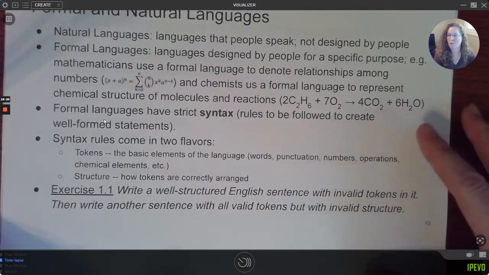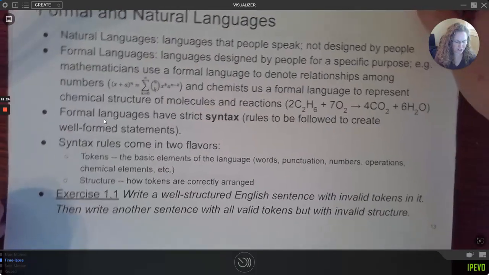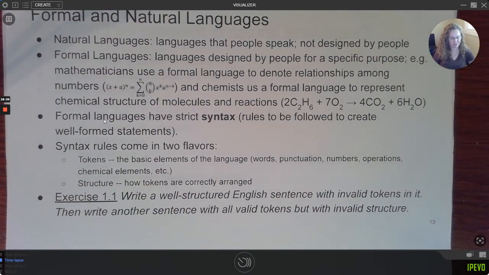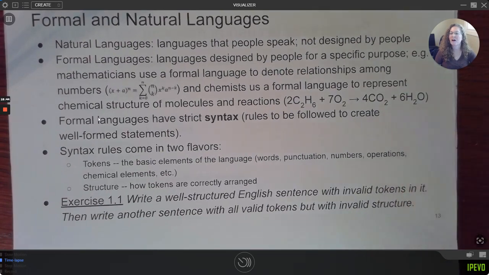Okay, one last thing that we want to talk about to finish up chapter 1 is the difference between formal and natural languages. Natural languages are languages that people speak, like English or French or Spanish or Chinese. And these are not designed by people.